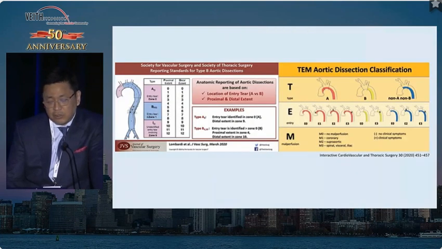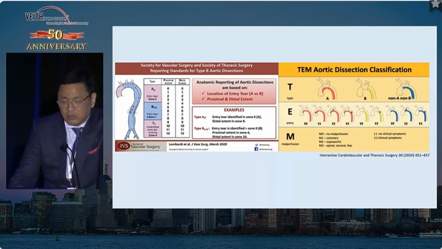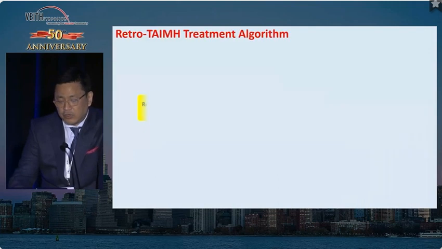So I think the newer SVS, STS and European classifications really focus on the location of the entry tear and the extent of involvement. And we really hope that this data can show us a treatment guide for the different treatment modalities based on entry tear location.